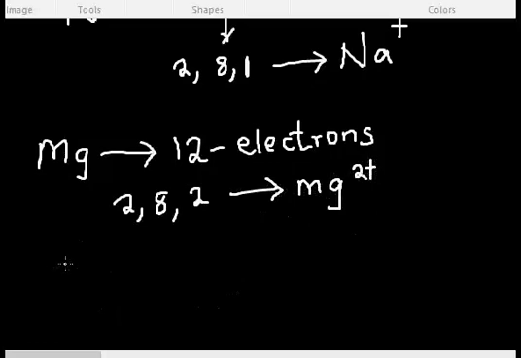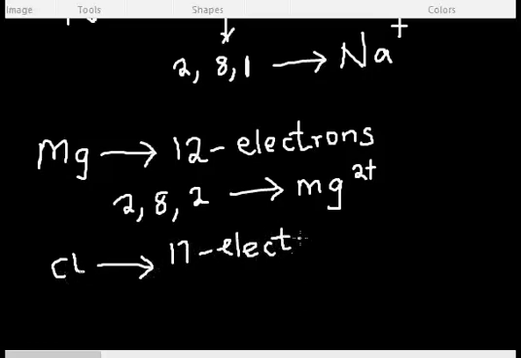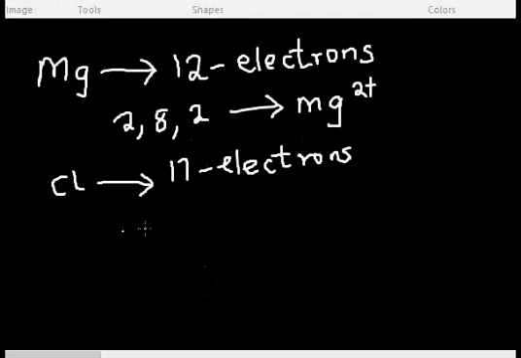Let's look at chlorine. Chlorine has 17 electrons. Dividing this, it is going to be 2, 8, then 10, then the 7 here at the outermost shell.